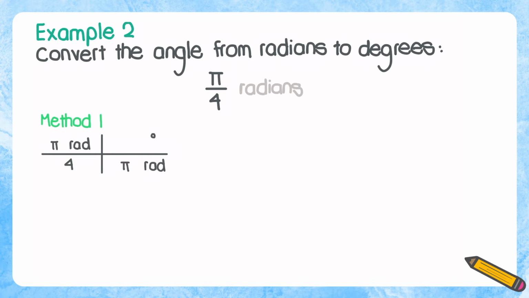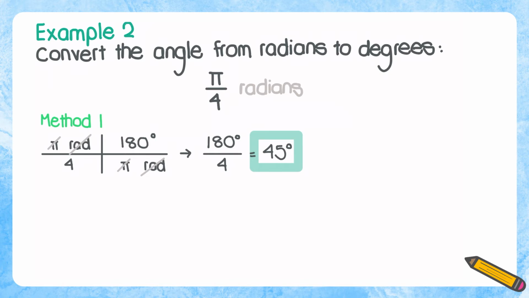We know that 1 pi radian equals 180 degrees. What cancels out? The radian units and also pi. So here we are left with 180 degrees over 4. And 180 divided by 4 equals 45. So we have 45 degrees.